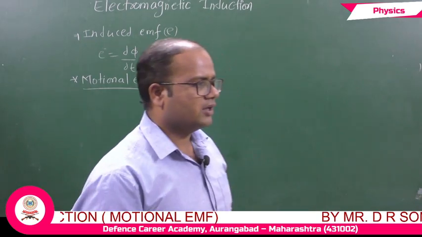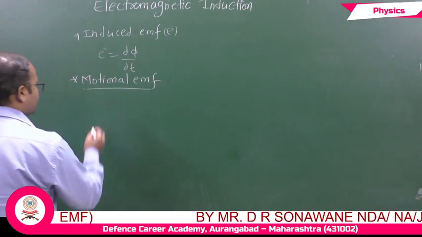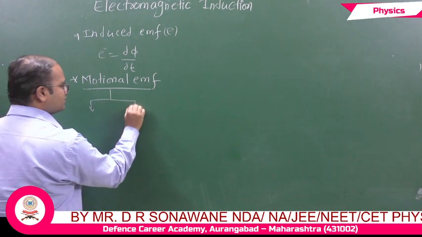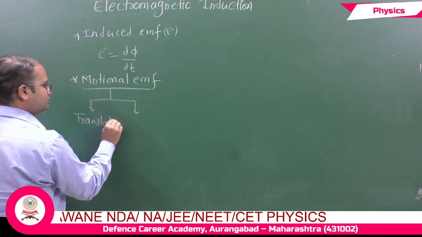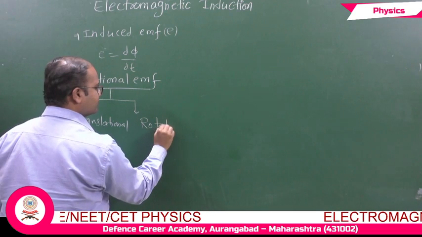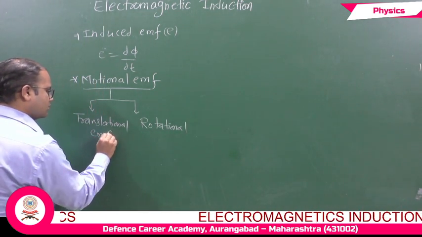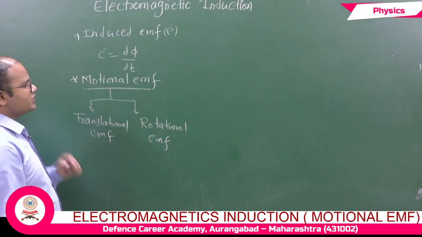So first of all, today we are going to see the translational EMF. Motional EMF has two parts. One is translational EMF, another one is rotational EMF. In that, very important is translational EMF.